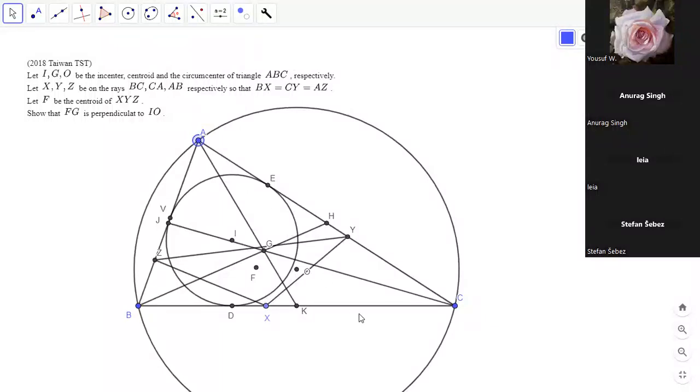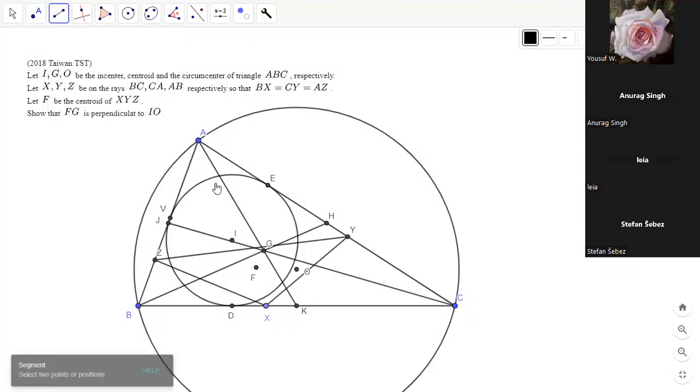Using Ceva would work, I guess. Ceva's theorem, he said. We don't know that AX, BY, and CZ concur though, right?